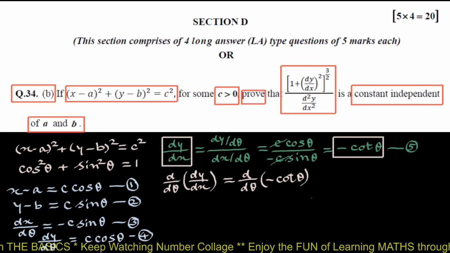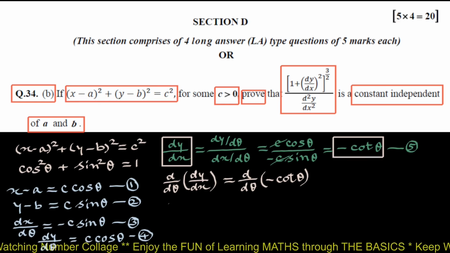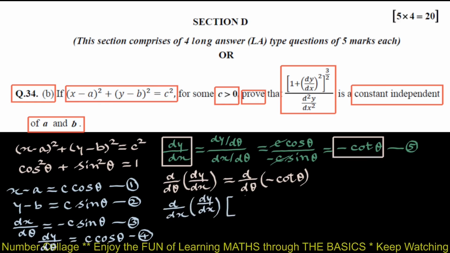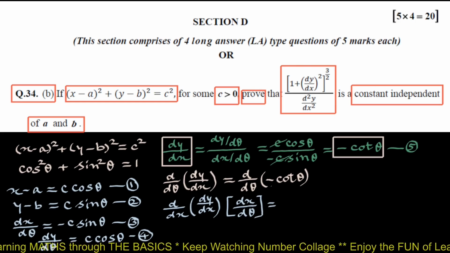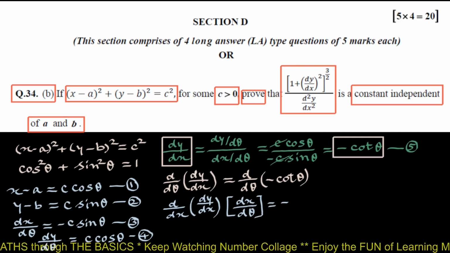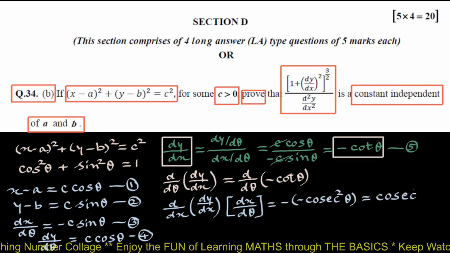Now for the second order derivative, we write this as d/dx of dy/dx times dx/d theta. That will be d/d theta of minus cot theta, which is minus of minus cosec square theta, which equals cosec square theta.